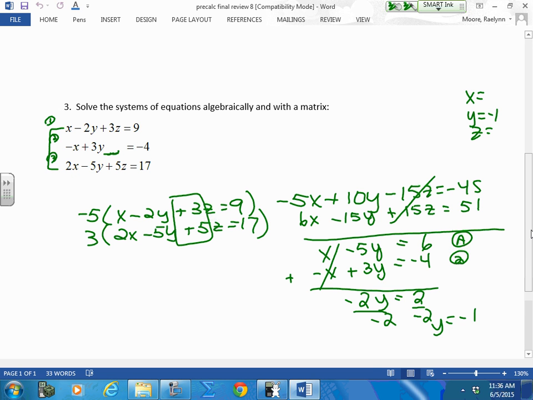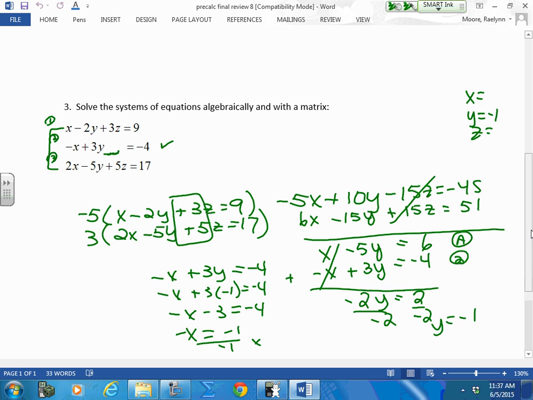We didn't change it at all. So we're going to take this one, we're going to substitute into this one for your y, and we're going to solve for x. We're going to add 3. Therefore, x is equal to 1.